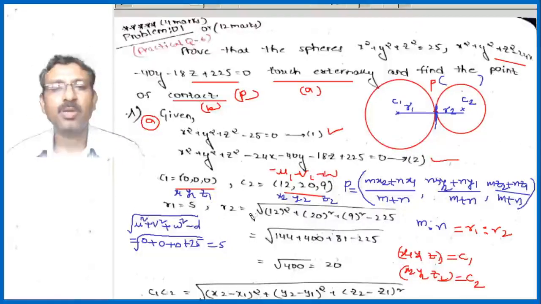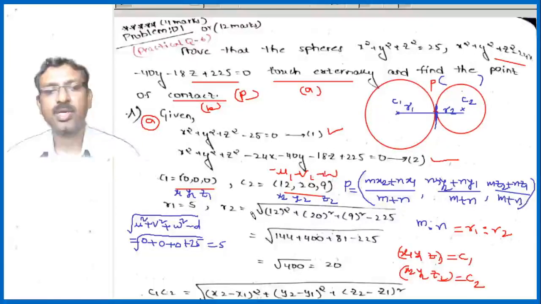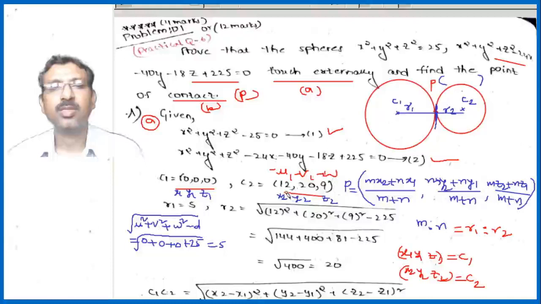Similarly, we can find the radius of the second sphere, that is, u square, 12 square, v square, 20 square, w square, 9 square, minus d, that is 225. Here 12 square is 144, 20 square is 400, 9 square is 81, minus 225.